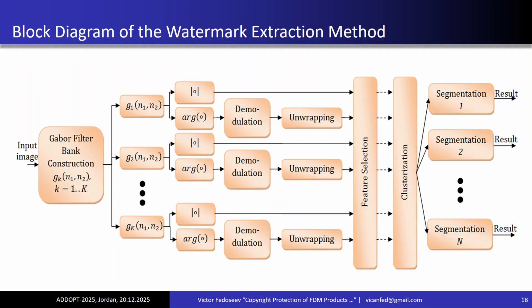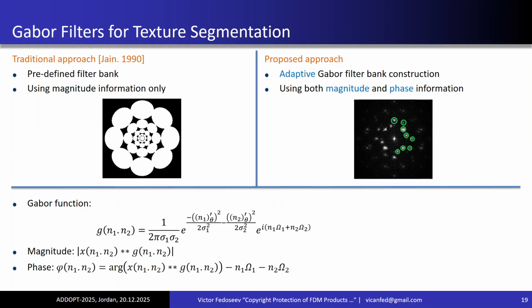Then we perform filtering using Gabor filters with different parameters, obtaining magnitude and phase information. Then we unwrap phase and perform some final stages. And our approach differs from the traditional one in the following options.